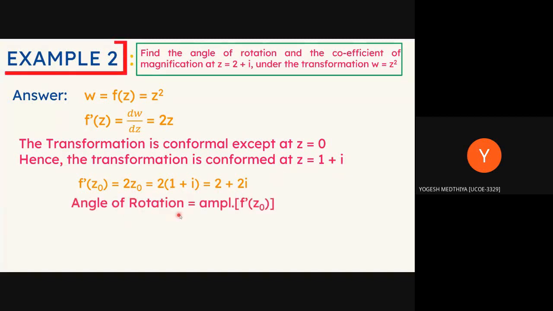Now the angle of rotation is given by the amplitude of f dash of z naught, which equals tan inverse of y by x. By solving, we get the angle of rotation equals pi by 4.